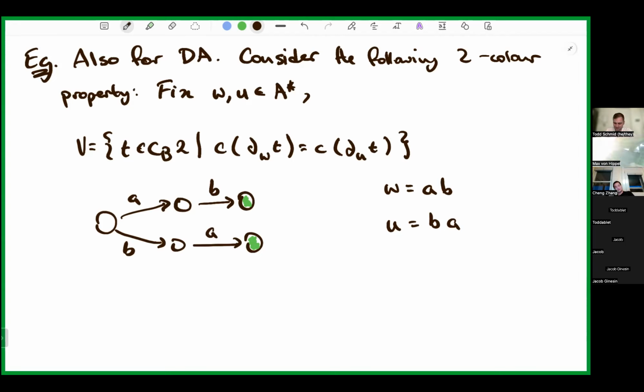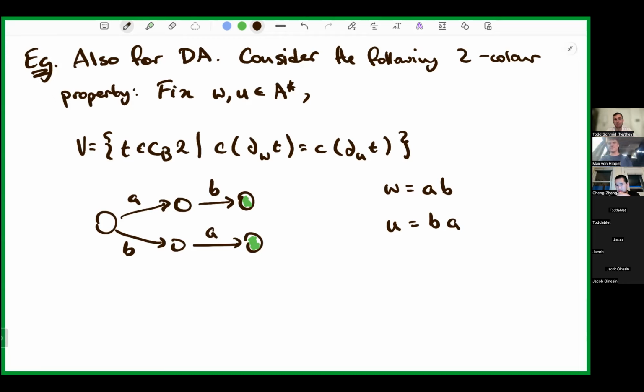So no matter how I choose the colors of my coalgebra, or of my deterministic automaton, following these 2 paths lands me on a state of the same color. What does that say about the 2 states that you arrive at? I want to say they're bisimilar.